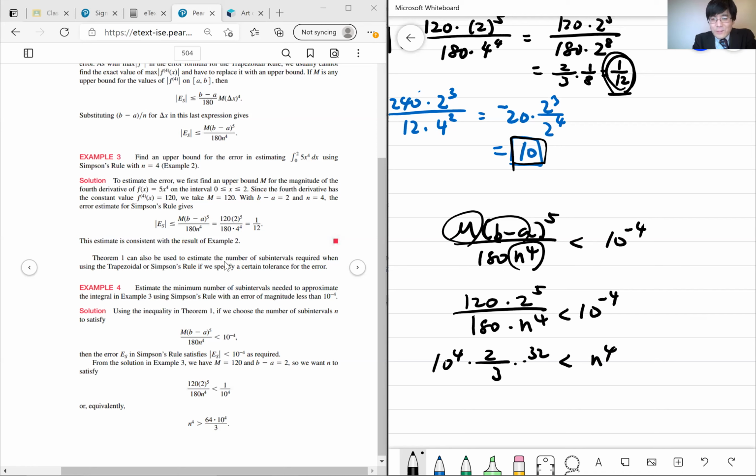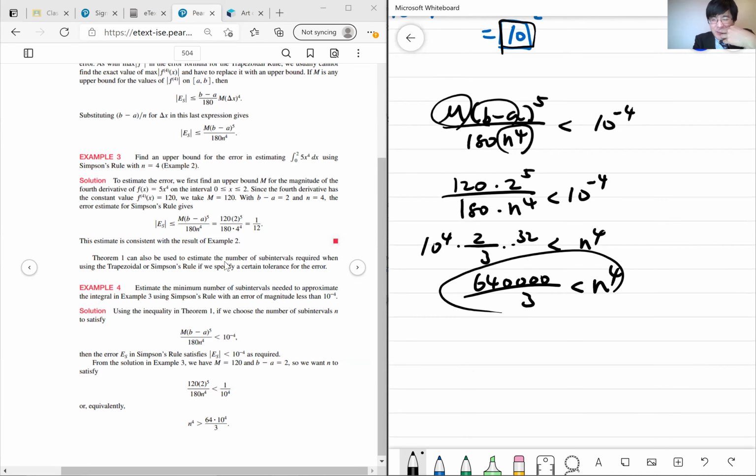So that's going to be quite a big number. Is that correct? So n must satisfy this. How big is this? Well, approximately 210,000. So n should be greater than the 4th root of 210,000. We want that to be an integer, and n must be even.